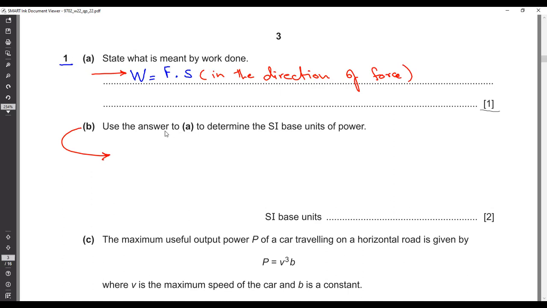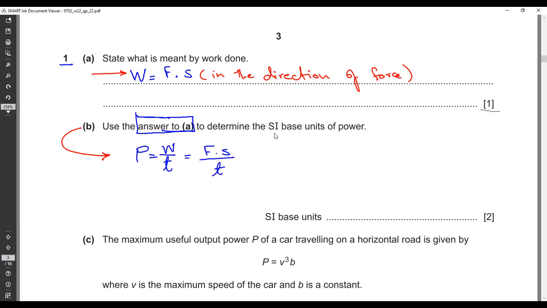Because they said use your answer of the A. Energy is the same thing as work done. Got it? So power is work done per unit time. If they had not said, then it's okay. But they have said use the answer to A. So what we have written, what is work equal to? Force times displacement.